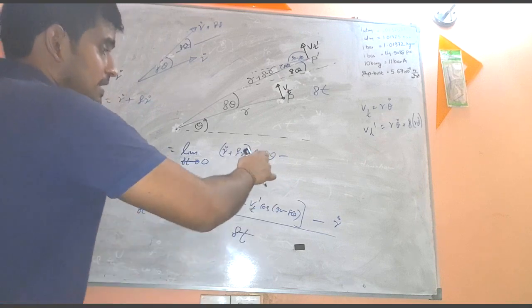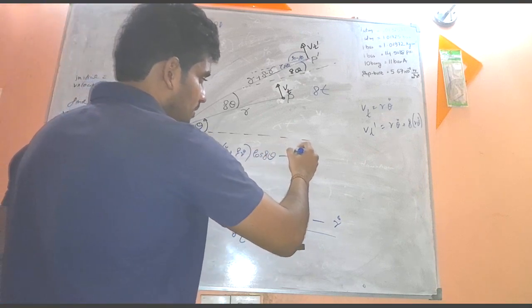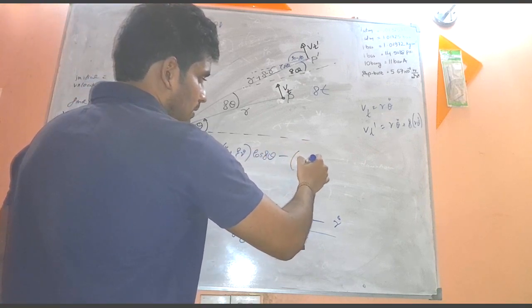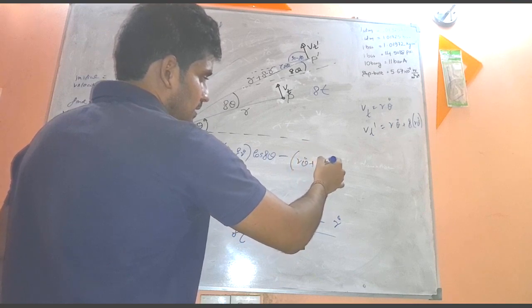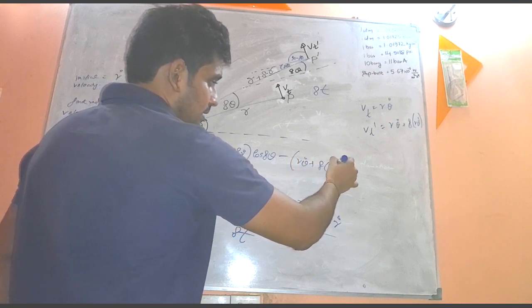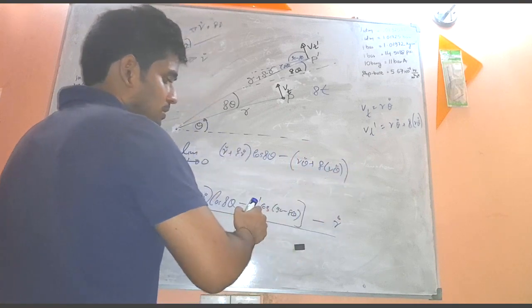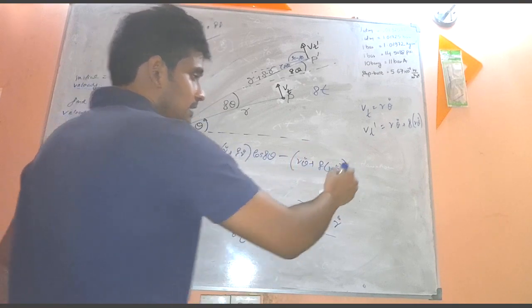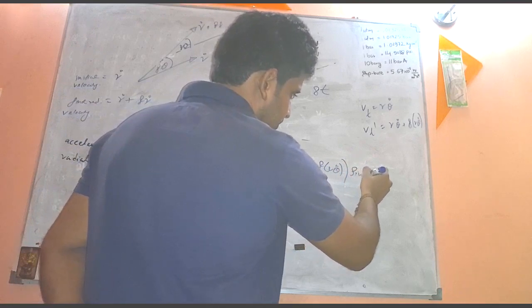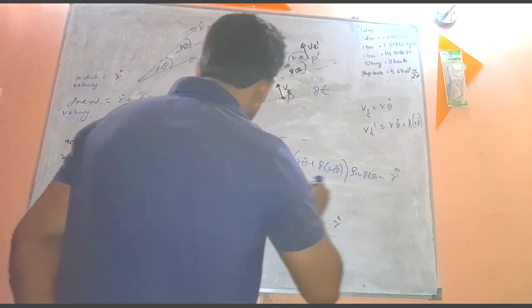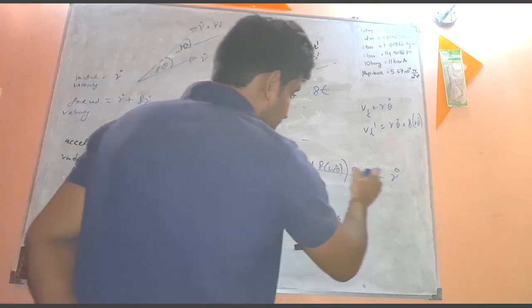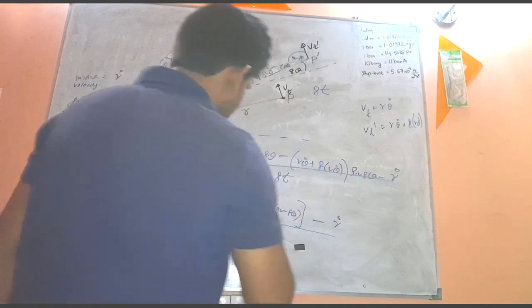What is Vt dash? It is r theta dot plus delta r theta dot, that particular change, times cos(90 minus delta theta), which is sin delta theta, minus r dot, divided by delta t.